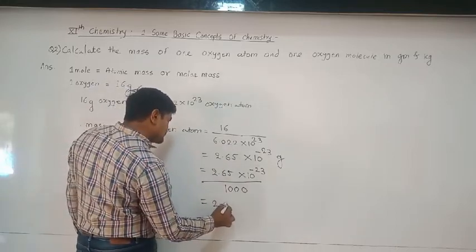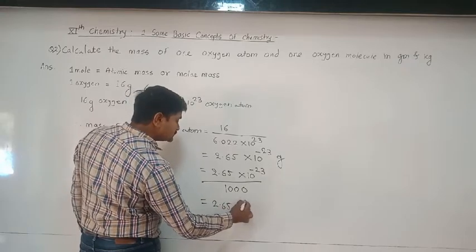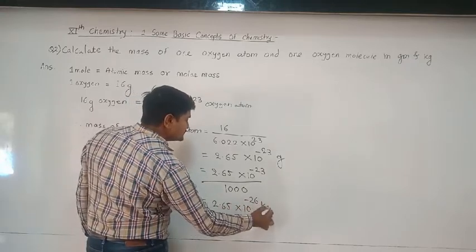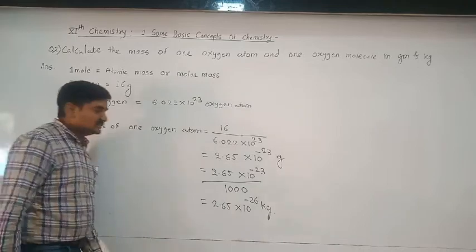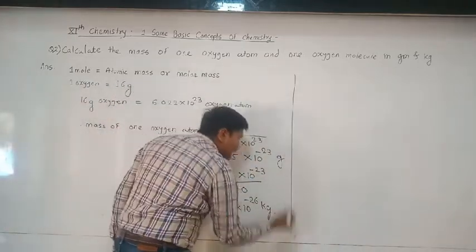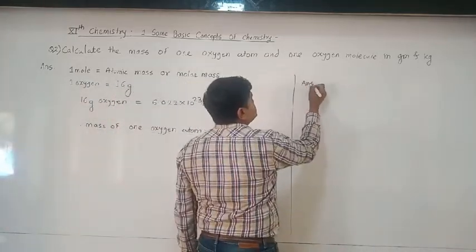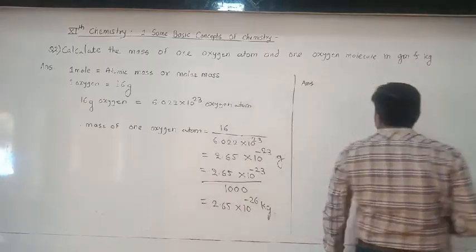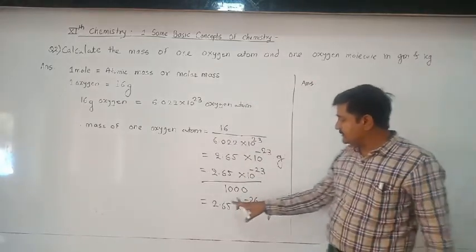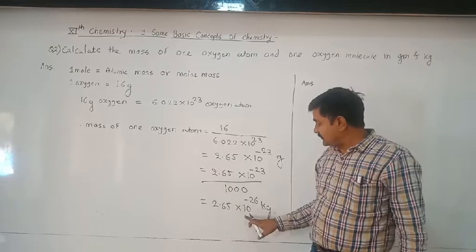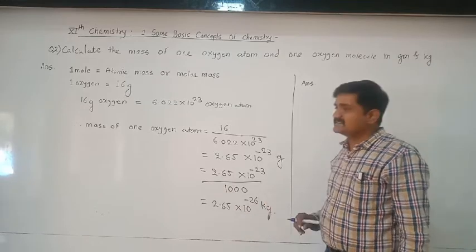So 2.65 into 10 raised to minus 26 kilogram. So this is the mass of one oxygen atom. So mass of one oxygen atom is 2.65 into 10 raised to minus 26 kilogram.